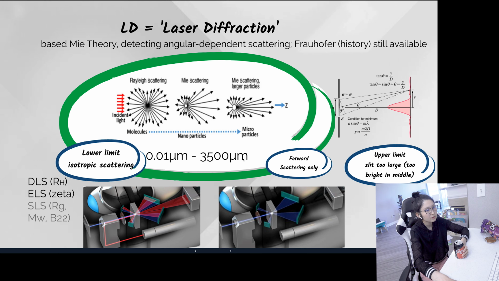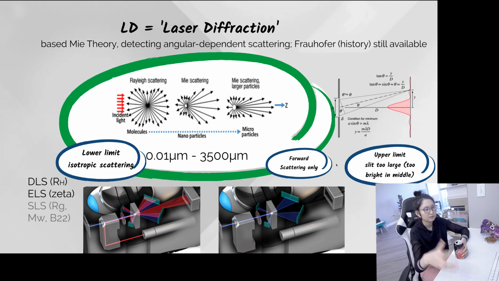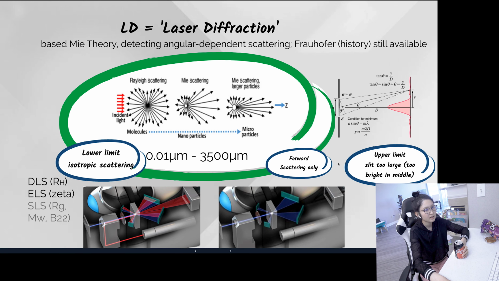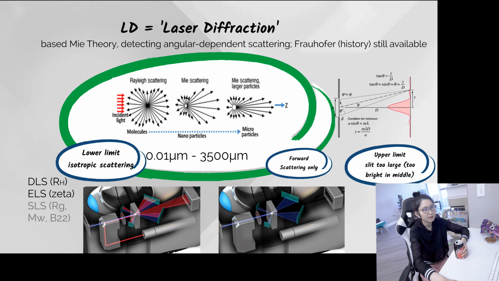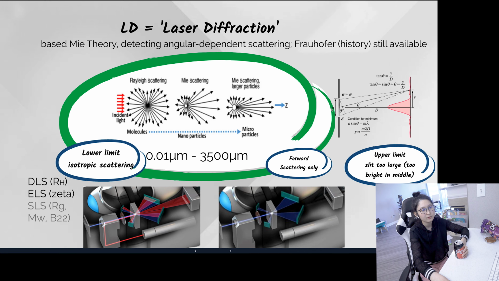So move on to the upper limit, the biggest particle we can detect using this technology. Why do we hit the upper limit? It's really because, as I said, light passing through an opaque particle equals the negative of light passing through a single slit.